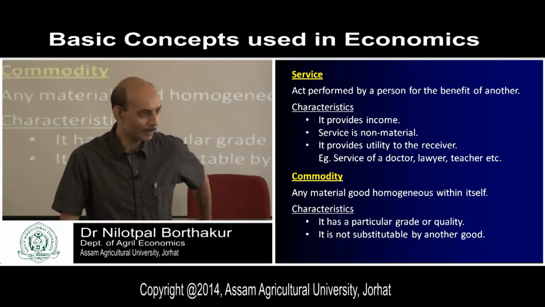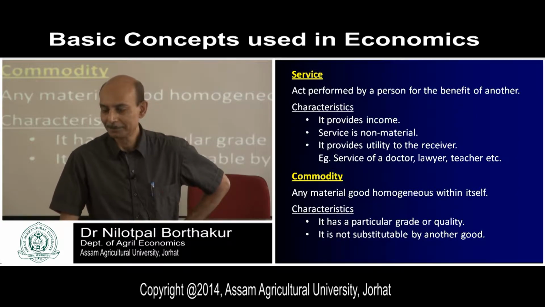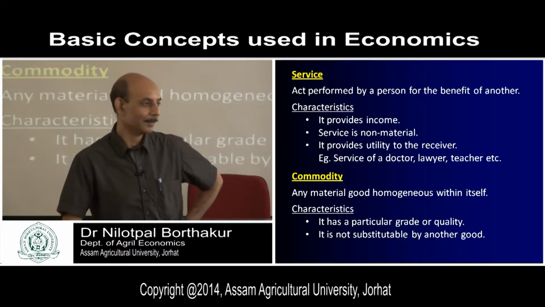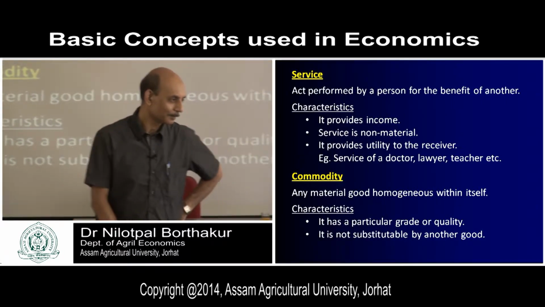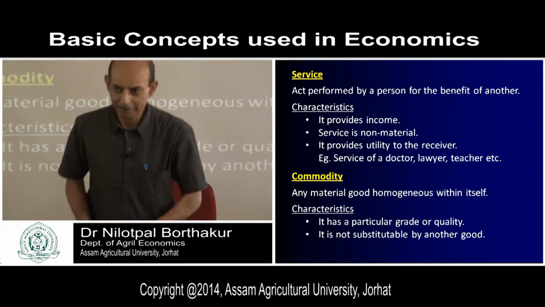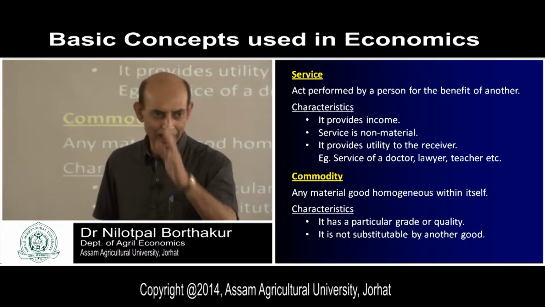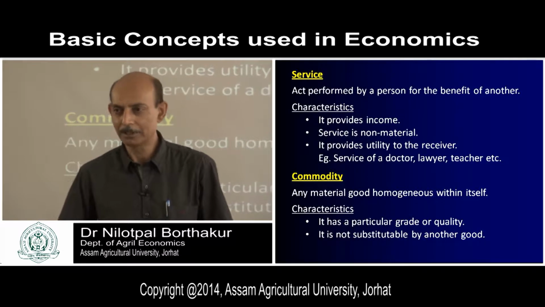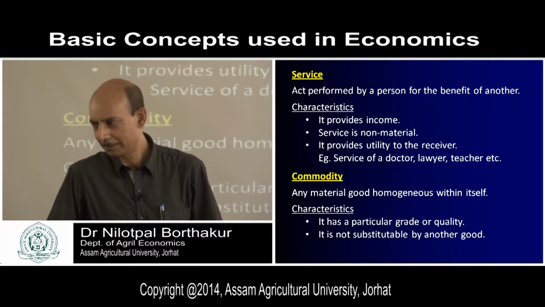Tell me a commodity which is homogeneous now. That we can call a commodity. Have you read the newspaper? Particularly in the business section, prices of agricultural goods are listed, right?